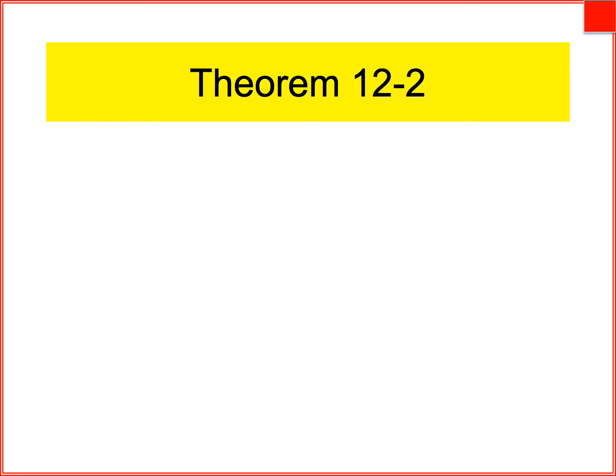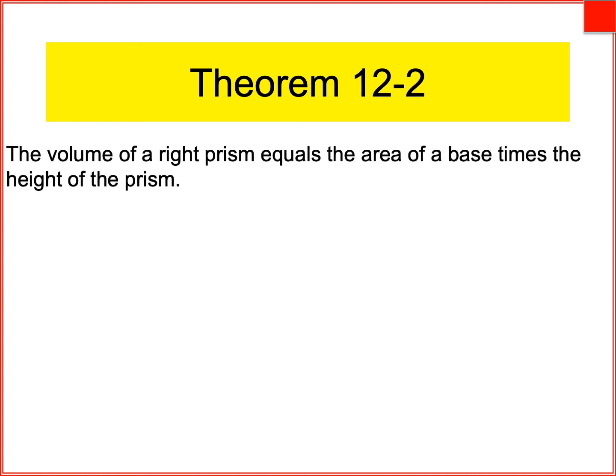Okay? All right, so Theorem 12.2, another one that we're not going to prove because it's the obvious one, is the volume of any prism is equal to the base area times the height. If you can think about Post-it notes, right? If you took rectangular Post-it notes and you measured the area of one of those and then multiplied it by how many of them you had, the height of the stack of Post-it notes, that would give you the volume.